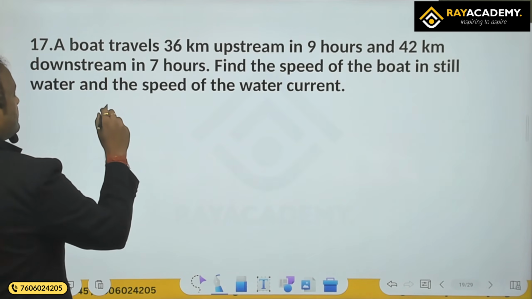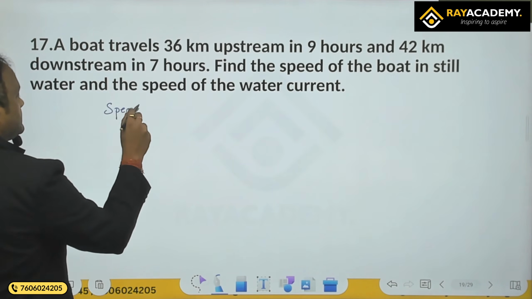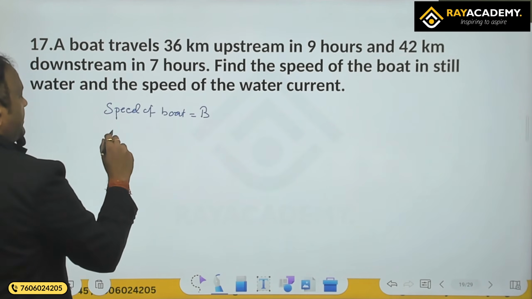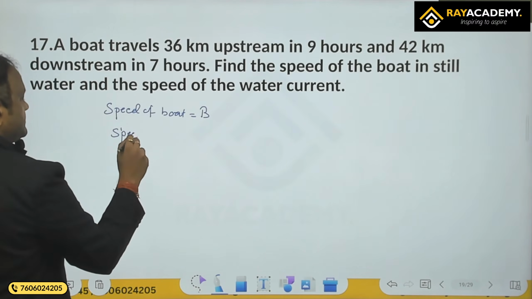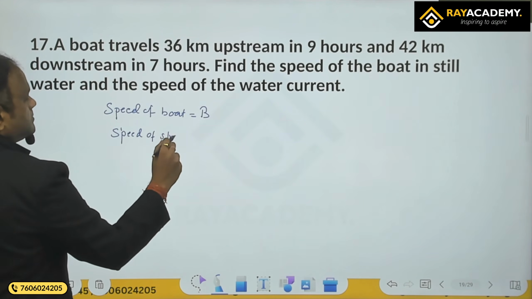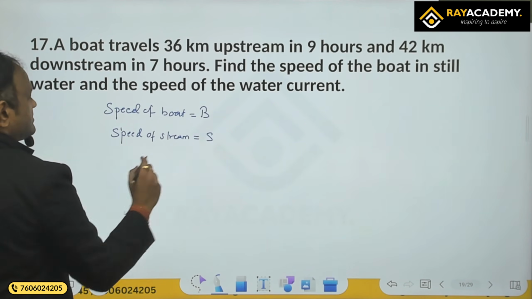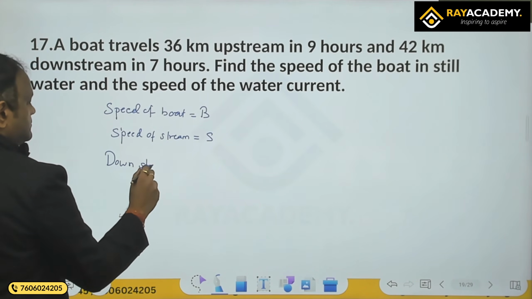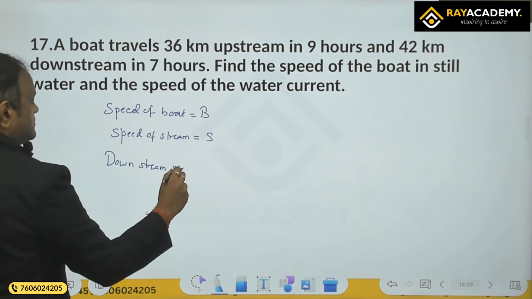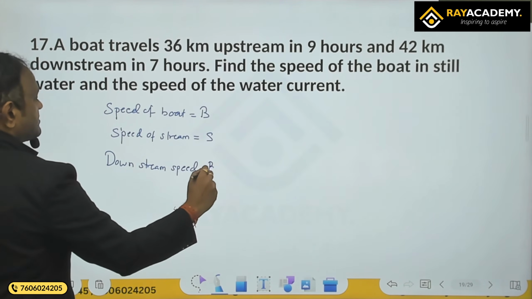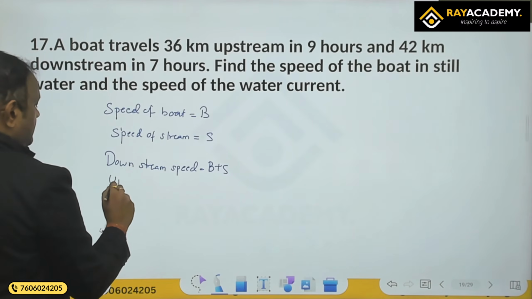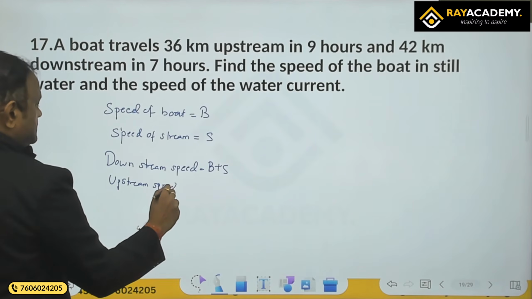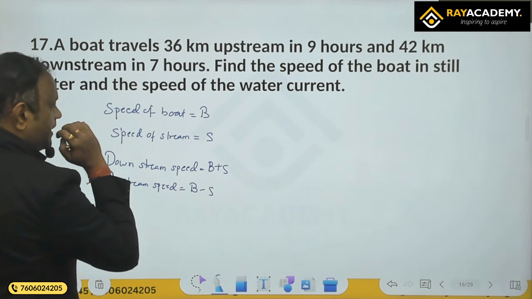Suppose speed of boat is B, speed of stream equal to S. So downstream speed will be B plus S, and upstream speed will be B minus S.